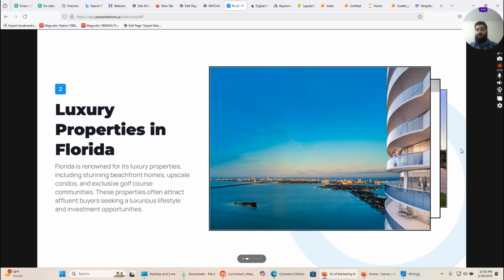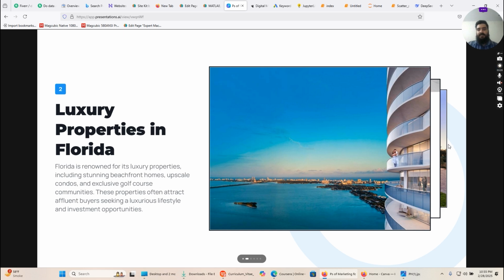The people who are going to buy a property in Florida, or even those searching for properties in Florida, are seeking a luxurious lifestyle. Apart from the investment they are willing to make, they are also seeking a luxurious life in terms of beachfront homes, upscale condos, and communities that are well known for their golf course attachment.